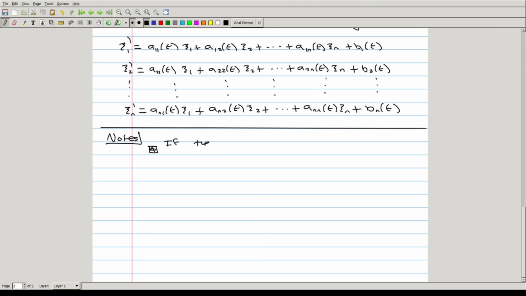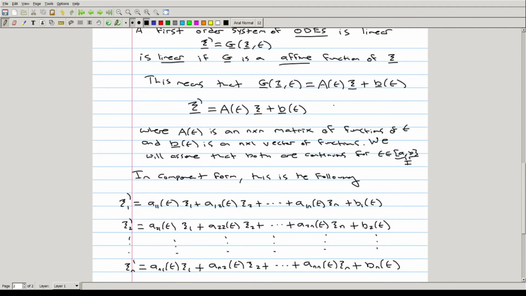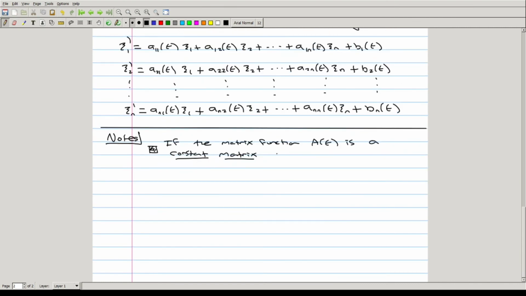If the matrix function A of t is a constant matrix, the ODE system, we'll call it star DE, is said to be a constant coefficient system.